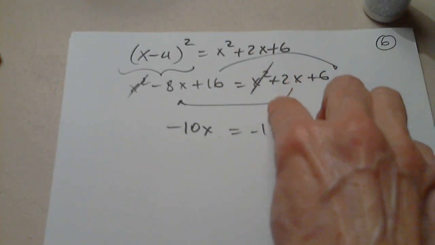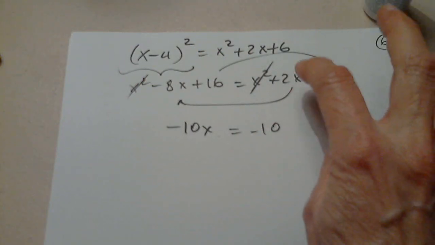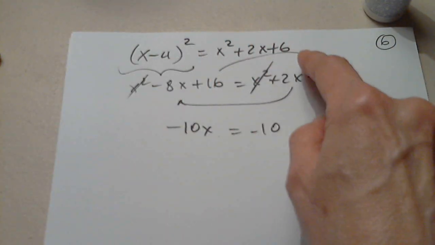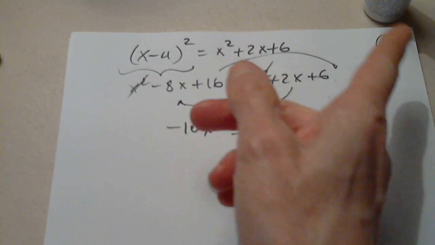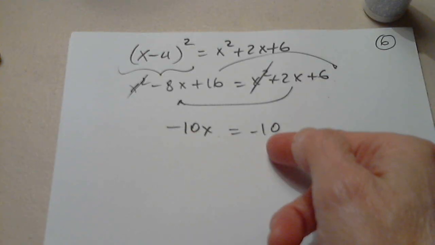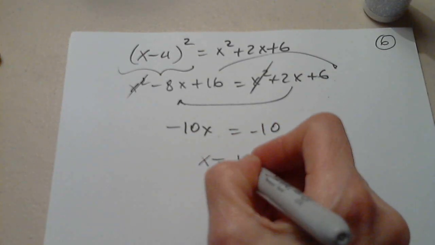So when I move a term from one side to the other, the only thing that happens is I change its sign. So negative 8x minus 2x is this, and I change its sign because I move it to the other side. 6 minus 16 is negative 10. Of course, I divide by negative 10 and I get x equals 1.